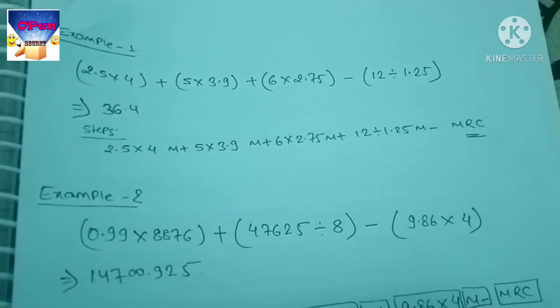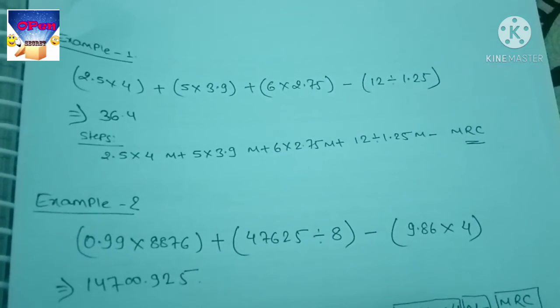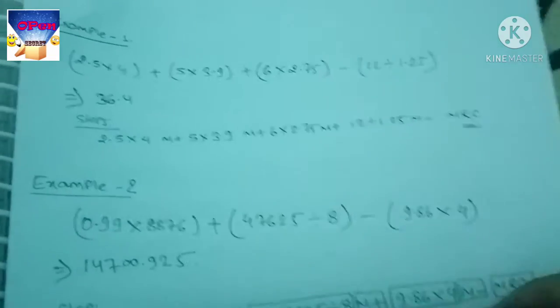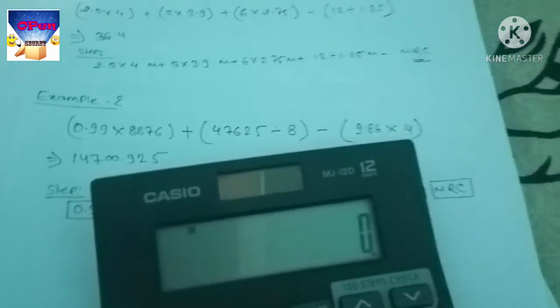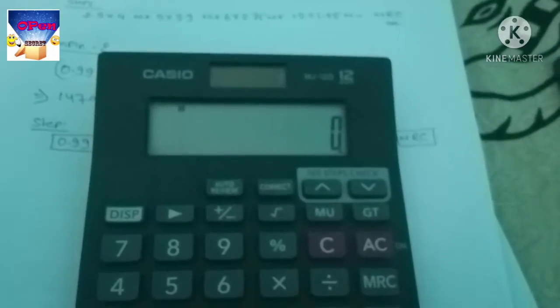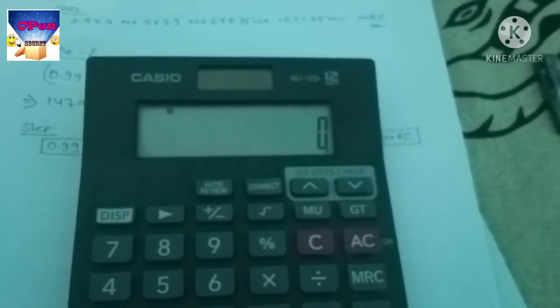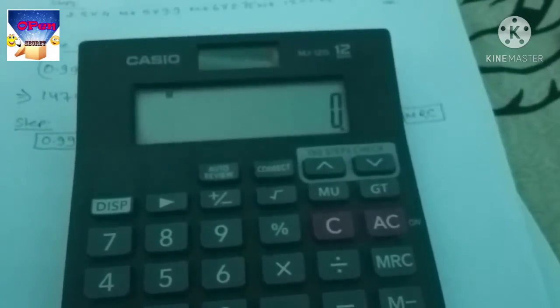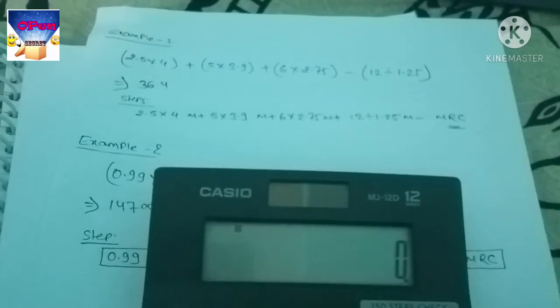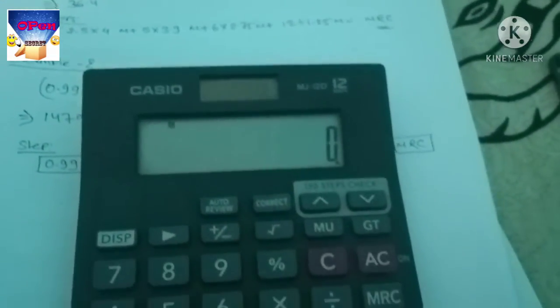If you guys want to try, then try it first. I will wait, but it is better to solve one more. Let's do it. 0.99 into 8876. So first of all, as a golden rule, we need to clear the memory. If we don't clear it, then our result will include the 36.4 in the further calculations.